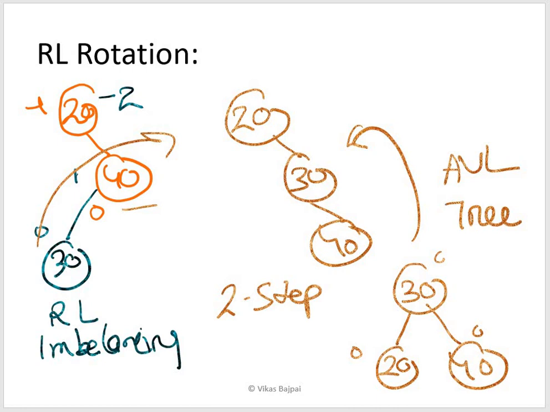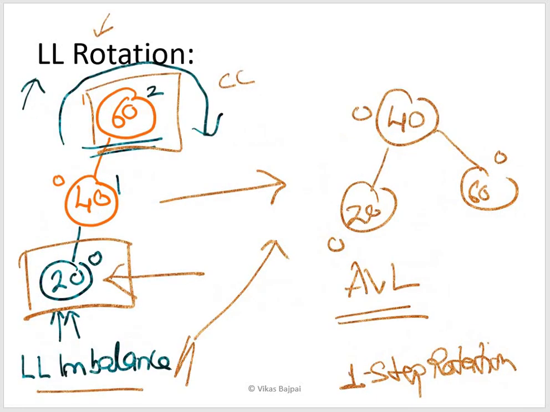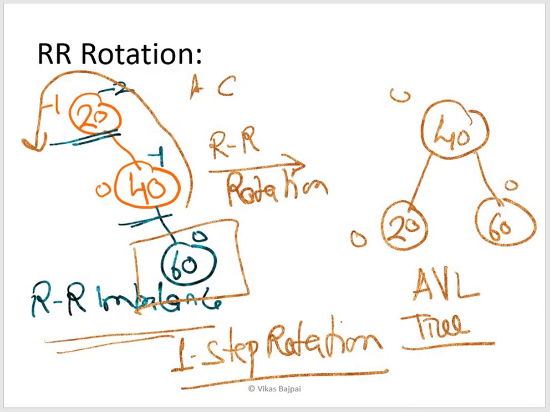So in case of your LL rotation, the new node is inserted in the left subtree of the critical node. In case of your RR rotation, the new node is inserted in the right subtree of the critical node.